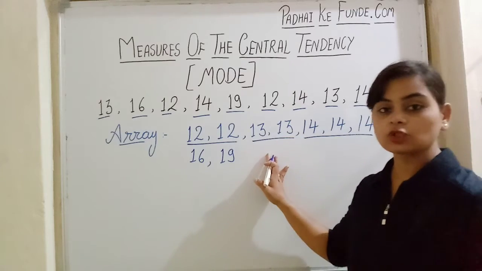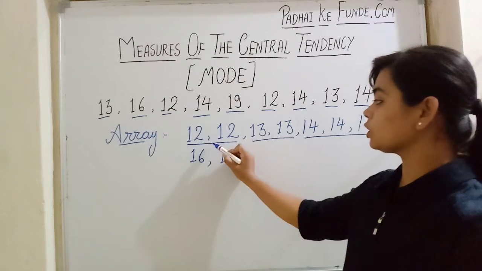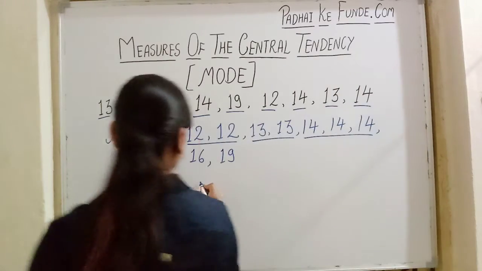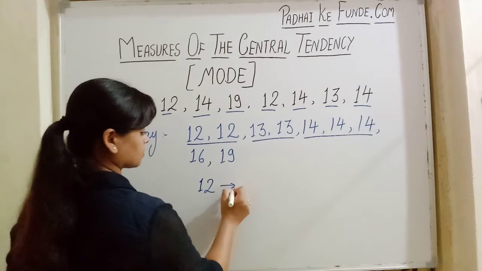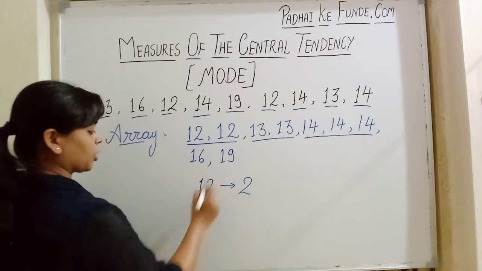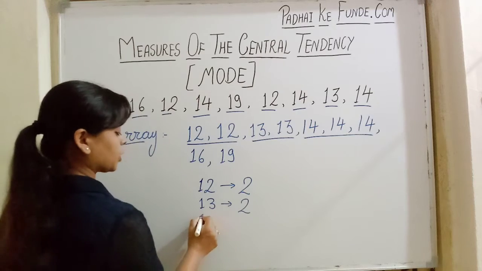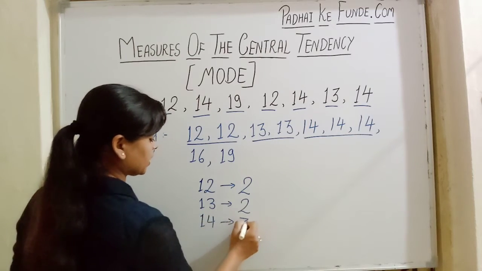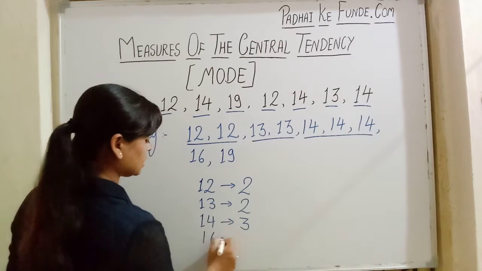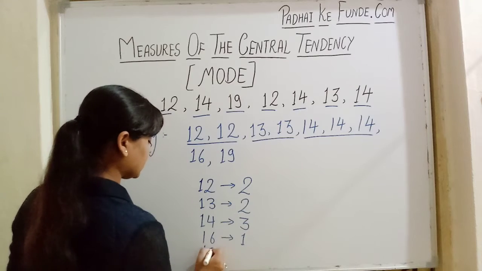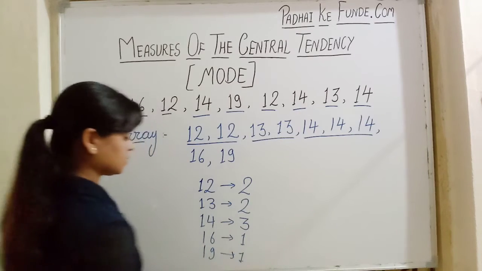So by this arrangement we get that the frequency of 12 is 2. Frequency of 13 is also 2. Frequency of 14 is 3. 16 is 1 and 19 is also 1.